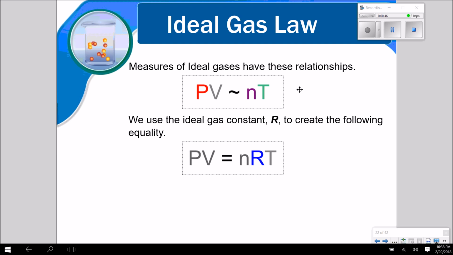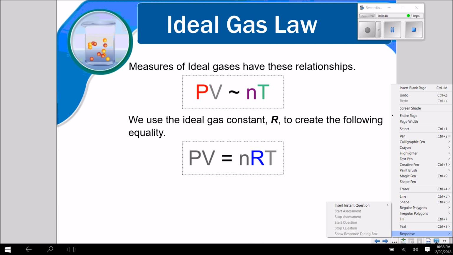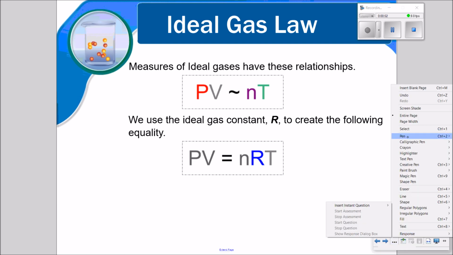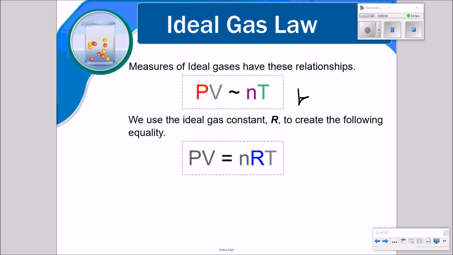So up here at the top, we've got our relationship between pressure, volume, number of moles, and temperature. If you remember from the individual gas laws, pressure and volume are indirectly related. As pressure goes up, volume goes down. And then pressure and volume are both directly related to temperature.